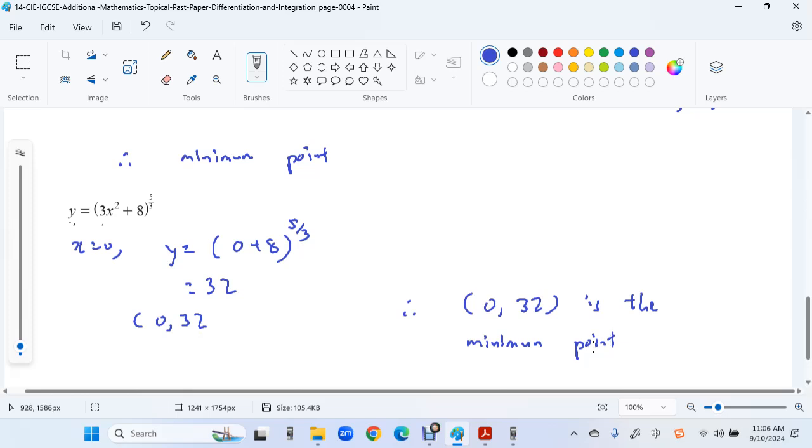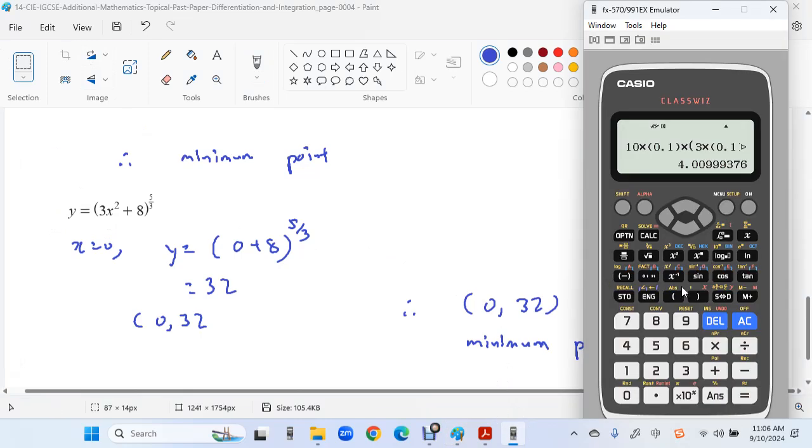Okay, so to check that this is a minimum point is very easy. What we can do, if you want to check, is just substitute the value.